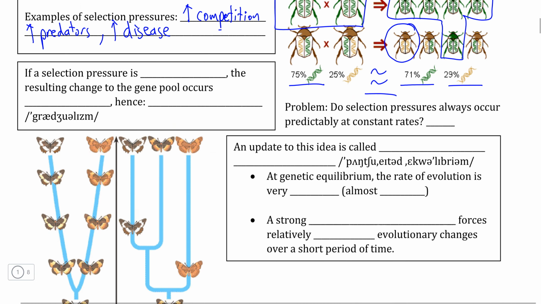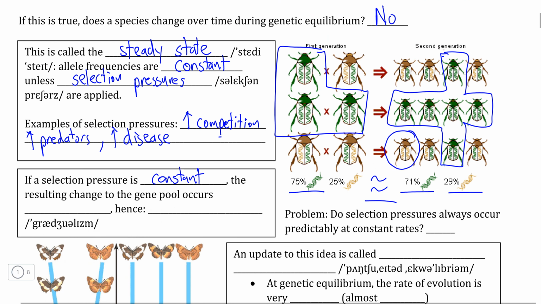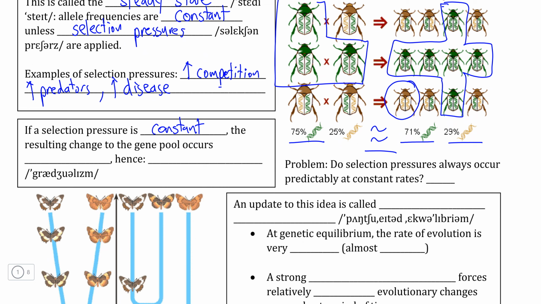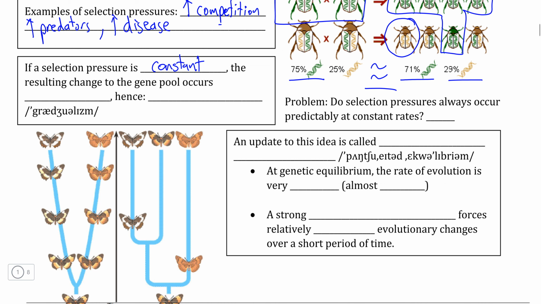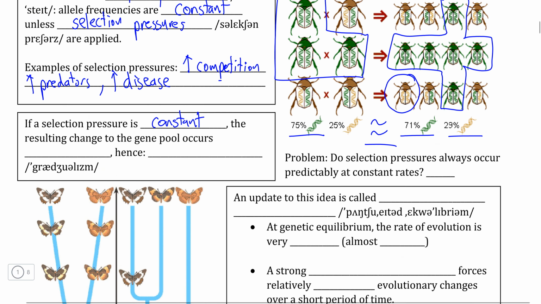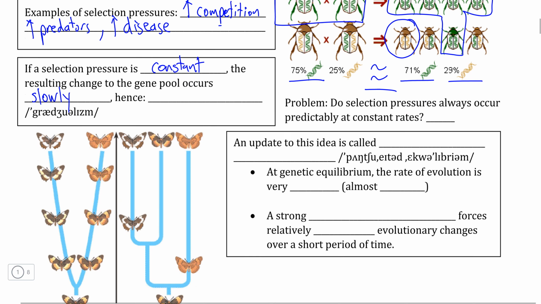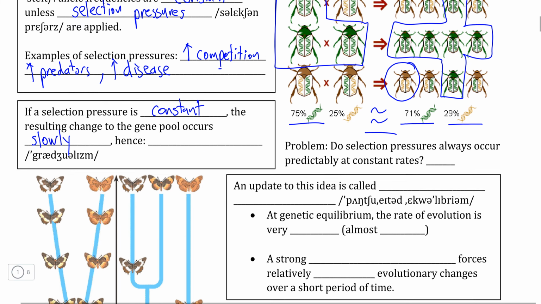Now, if the selection pressures within a specific ecosystem remain constant, meaning that they do not prefer one phenotype over another and remain basically constant within the population's ecosystem, the resulting changes that occur to the allele frequency occur much more slowly and gradually compared to if a selection pressure were strong.